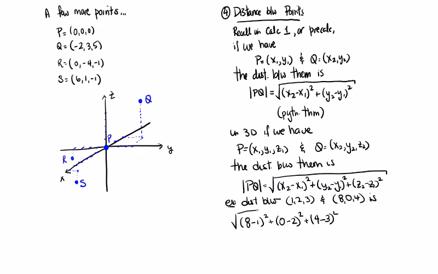And I'm not a big proponent of simplification, so don't obsess too much about this. But in any case, this is 7 squared is 49. This is negative 2 squared is 4. This is 1 squared is 1. This is the square root of 54. So nice and easy distance between points.